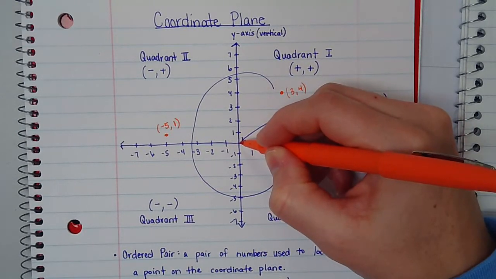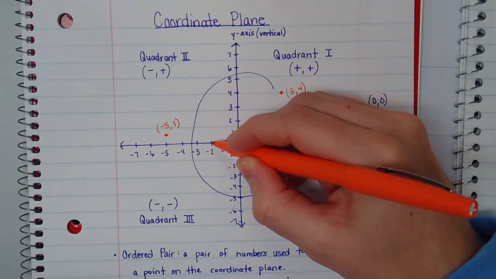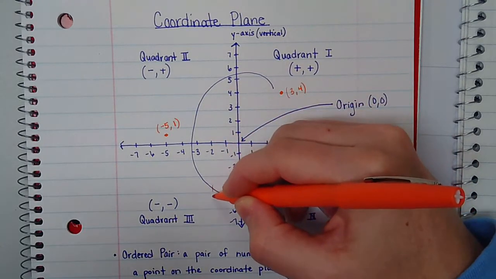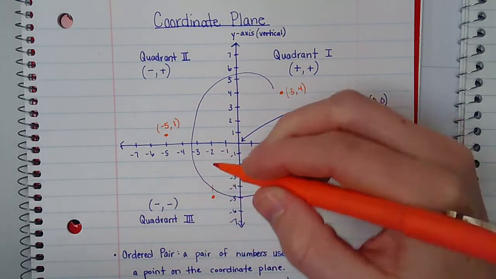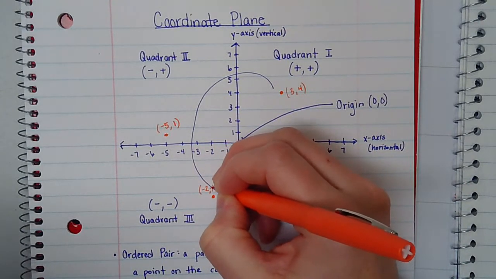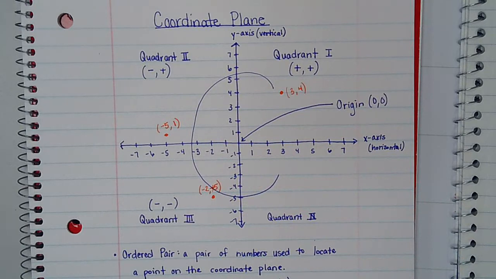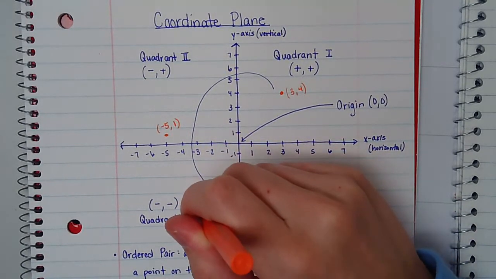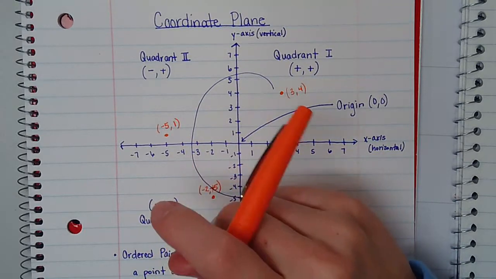Start in the middle. -2 is this way, and then -5 is down. Oh, sorry. Made a little mark. So -2, -5. Okay? Once again, if you're in this quadrant, both of your numbers have to be negative.